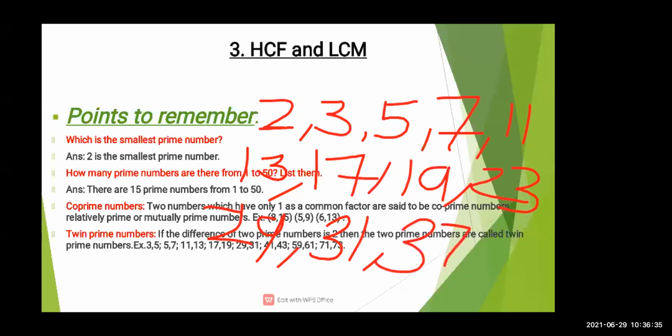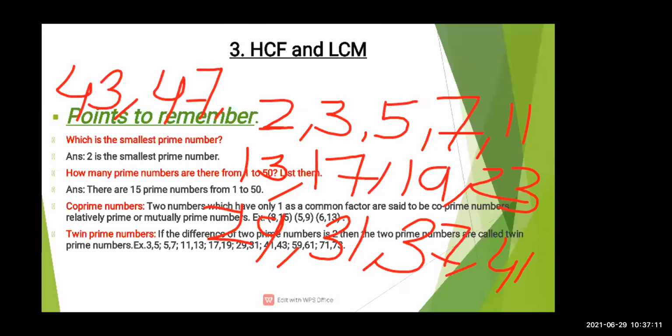After 37, 41. After 41, 43. After 43, 47.